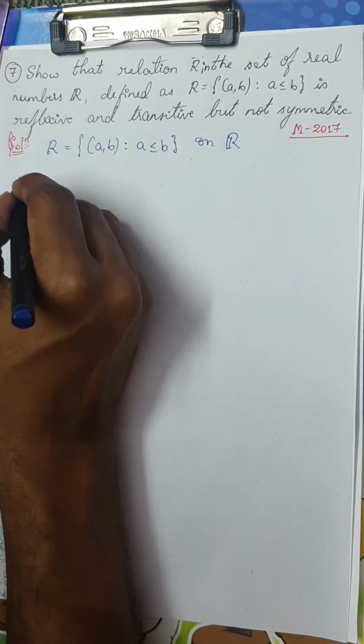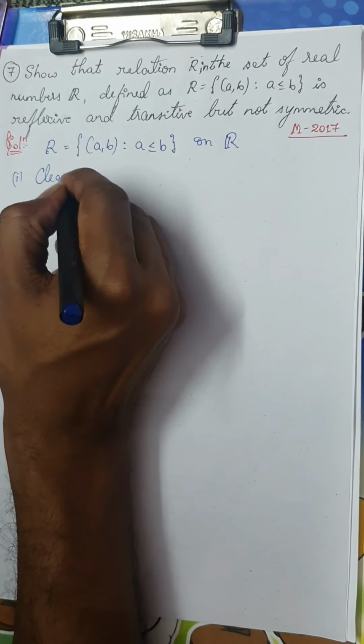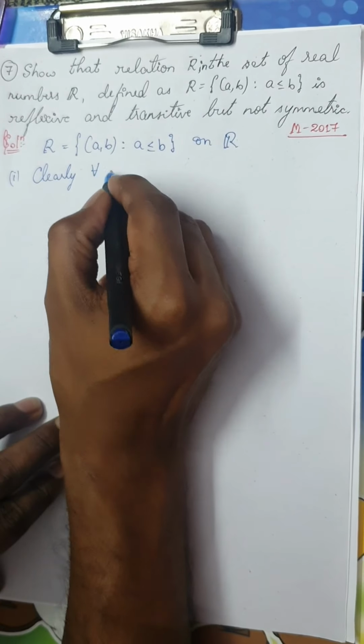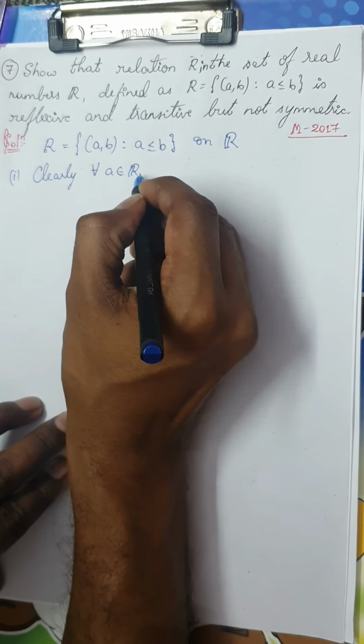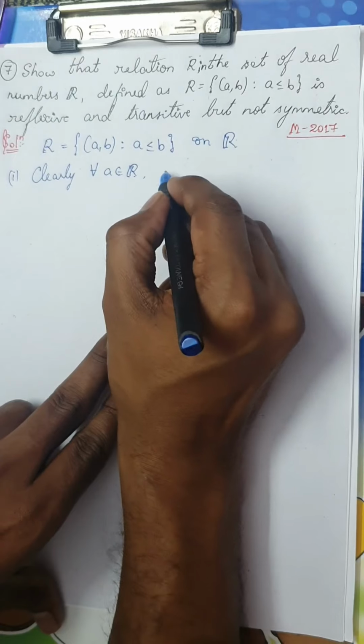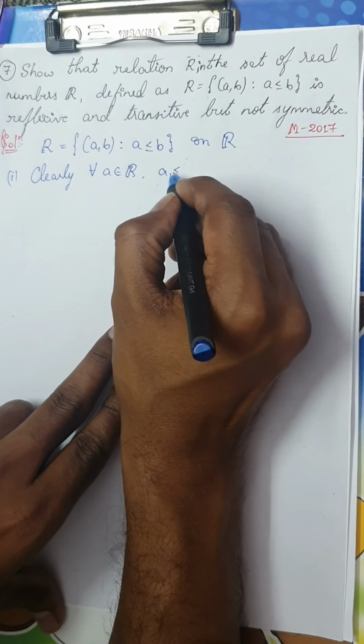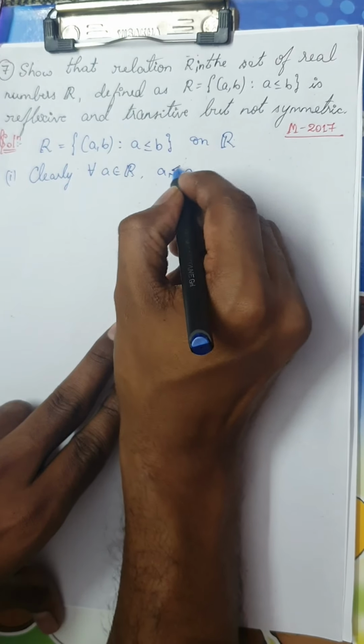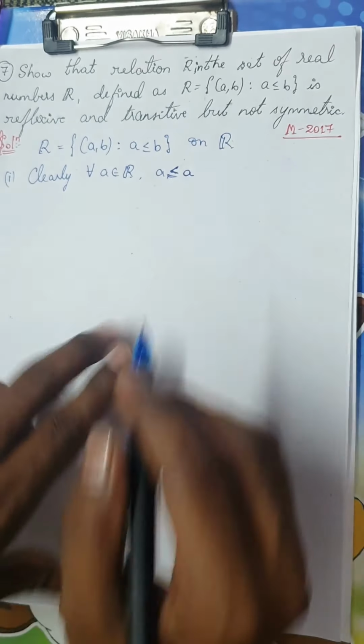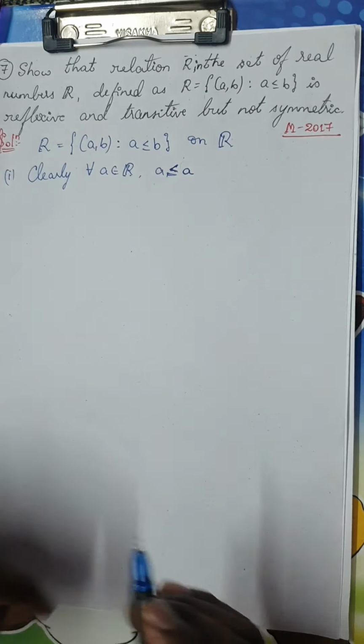Now let me write the first case clearly. For all a belongs to R, if you take any element in real numbers, a will be less than or equal to a, isn't it? You take any element, that element will be less than or equal to itself.